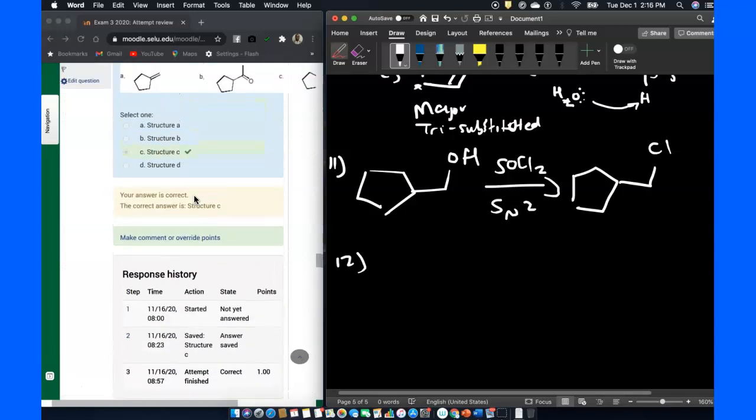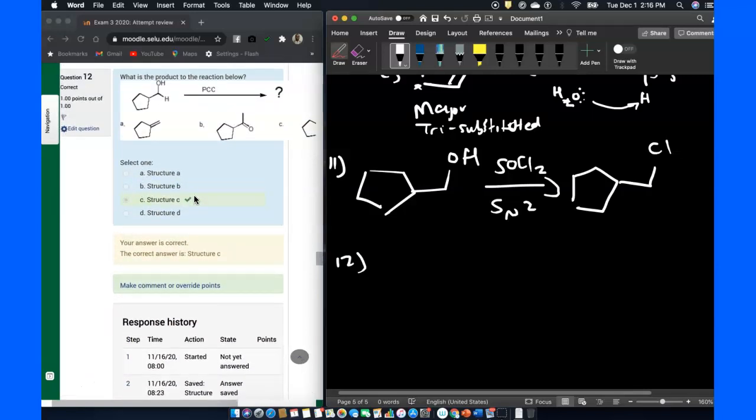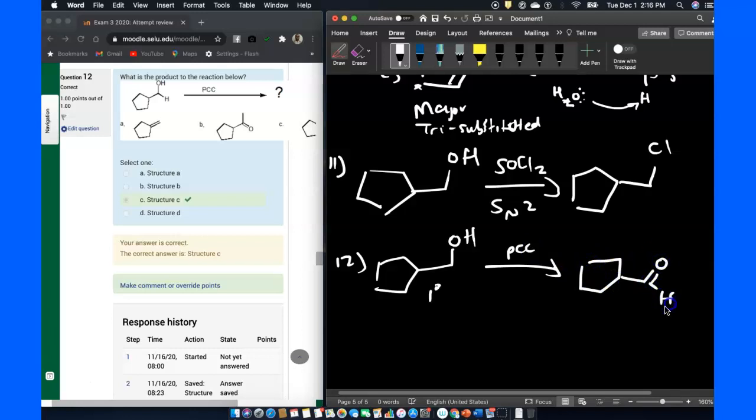And then PCC is a mild oxidant. So if you're given a primary alcohol like this, and you add PCC, the primary alcohol is just going to be oxidized to the aldehyde and it stops there.